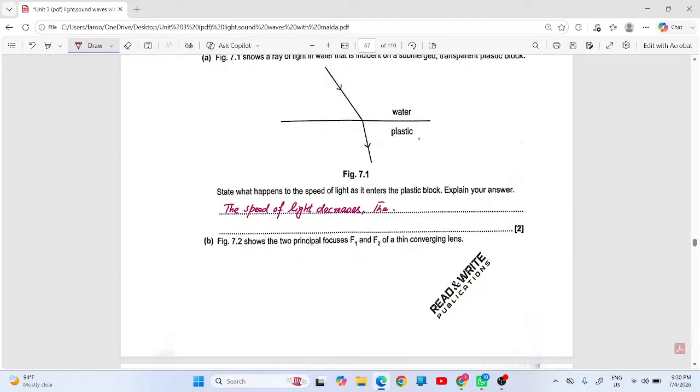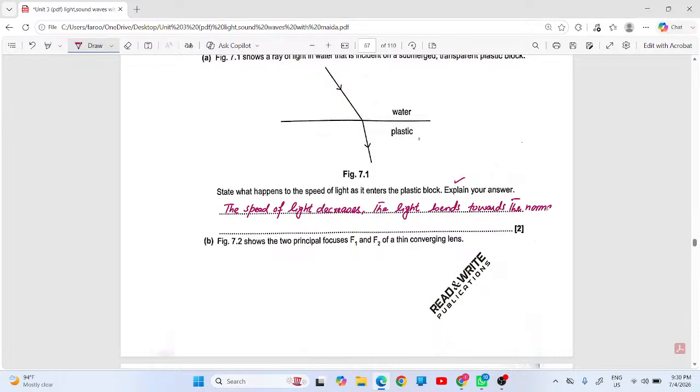Why? The light bends towards the normal. Explain your answer.